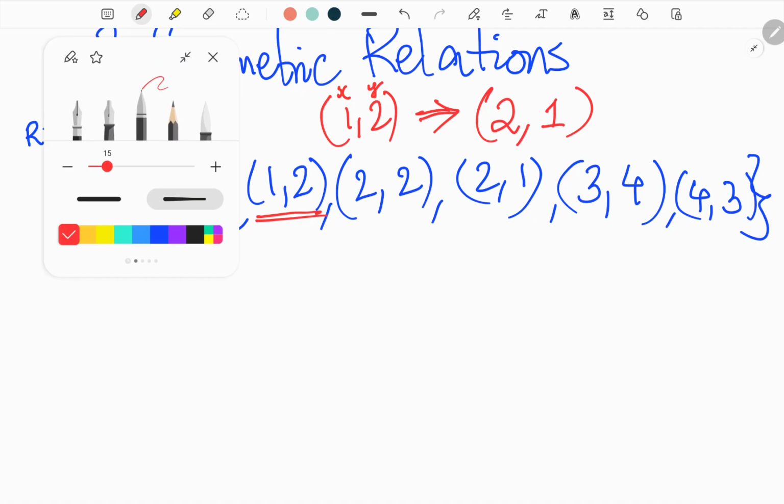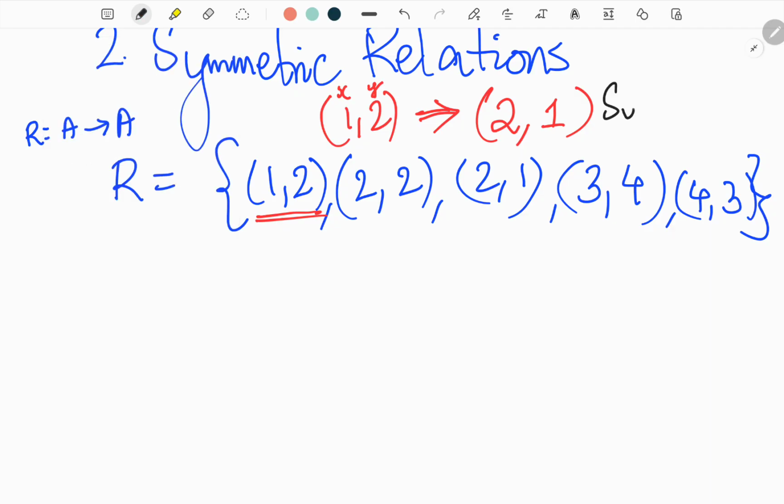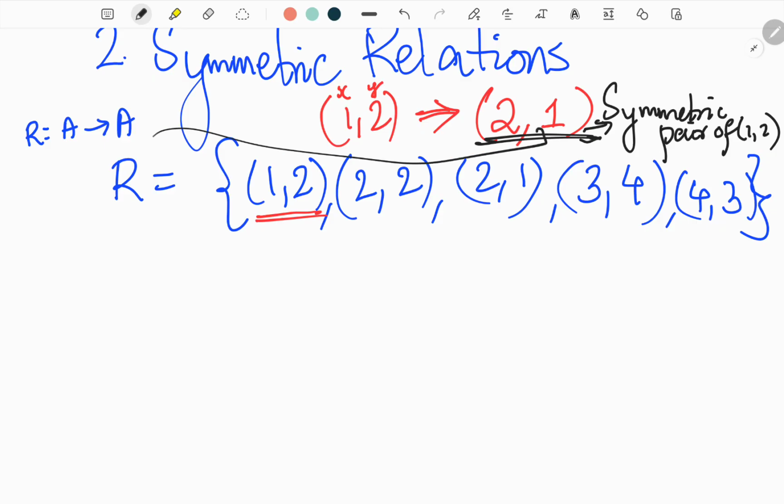So this particular ordered pair is known as the symmetric pair of 1 comma 2. 2 comma 1 is the symmetric pair of 1 comma 2. So this ordered pair should also be present in this relation R if it is symmetric. And yes, you can very well see that 2, 1 is also there in the relation, so it is symmetric.